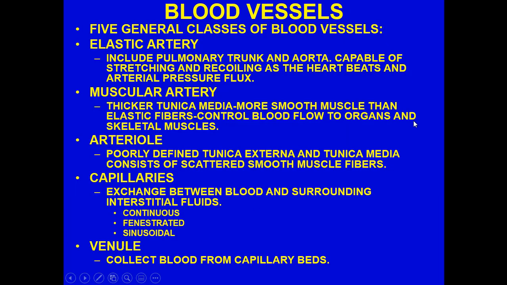Now, there are 5 general classes of blood vessels: elastic artery, muscular artery, arteriole, capillaries, and venule. The elastic artery includes the pulmonary trunk and the aorta. They're capable of stretching and recoiling as the heart beats and arterial pressure fluctuates.